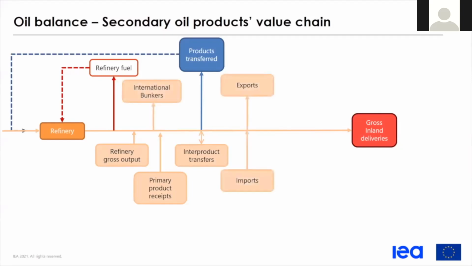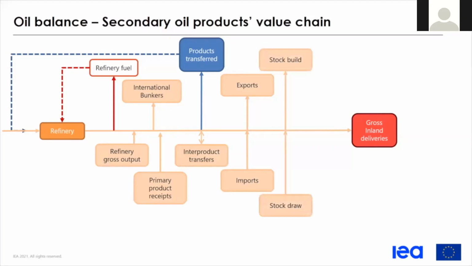Then, of course, we can have some trades of those products, so import and export from outside of the country, and international bunkers. Here we report all of the fuel consumption for airplanes or maritime vessels on trips that originated or are going outside of the country, that are not staying within the country.